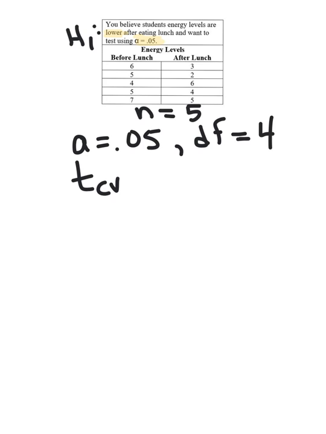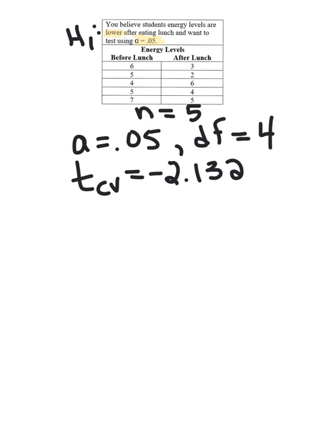And we're going to look in our t-distribution table under degrees of freedom 4, looking at 0.05 and 1 tail. You should get a critical value of 2.132. Now we need to make sure we have that as a negative, negative 2.132. Okay?